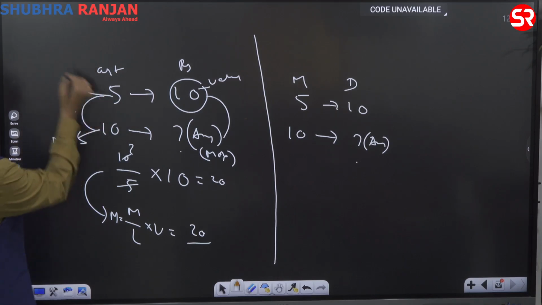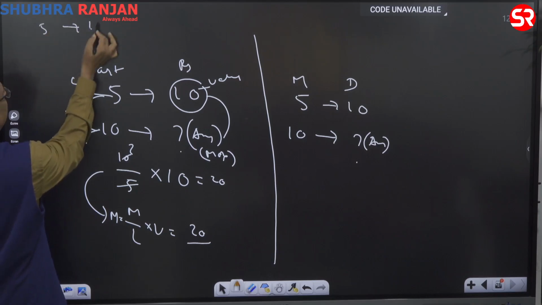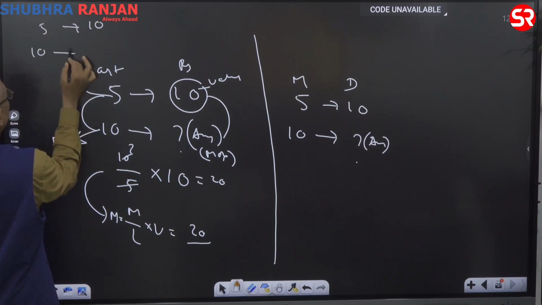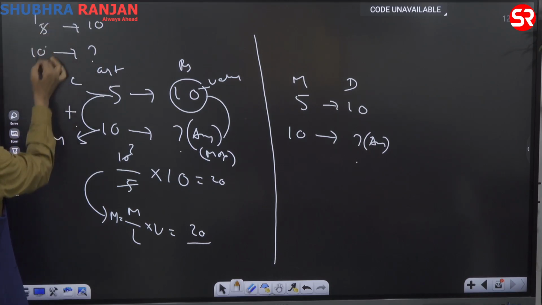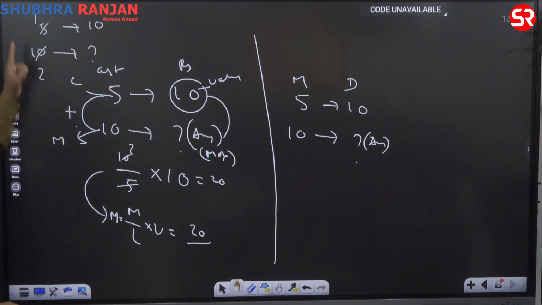For example, 5 articles is 10 rupees, and what is the cost of 10 articles? Convert them into ratio, that's all. 5 ones, 5 twos. The problem becomes: one article is 10 rupees, what is the cost of 2 articles? That's all. Both are same or different? Both are the same. So by converting them into ratio, the problem will be simpler.